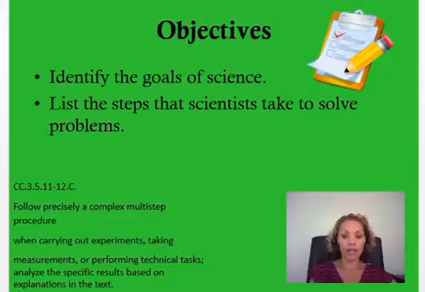Our objectives today are to identify the goals of science and to list the steps that scientists take to solve problems. So we're going to be using some standards about following multi-step processes when we carry out experiments and taking measurements, performing tasks, and then analyzing those to make explanations.